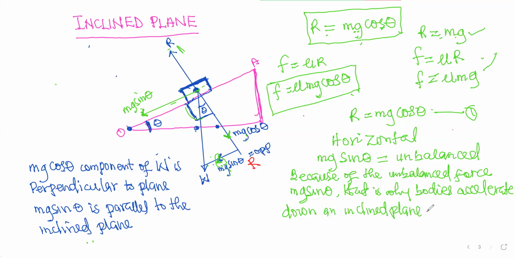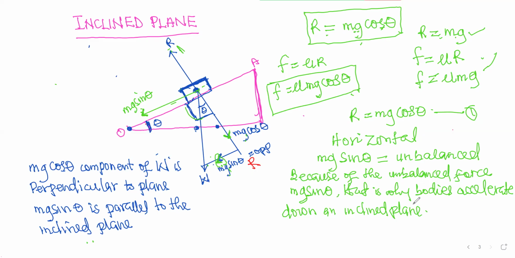When we started, I said that on an inclined plane, when you place an object, it will always fall down the plane. So if you tilt your book and then place your pen, it will slide or accelerate down the plane.